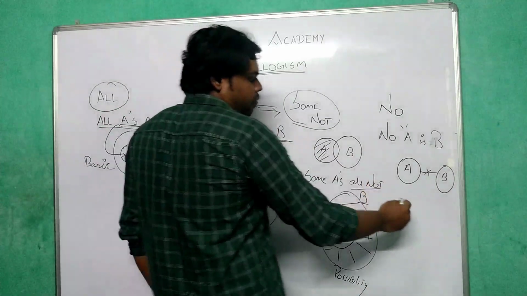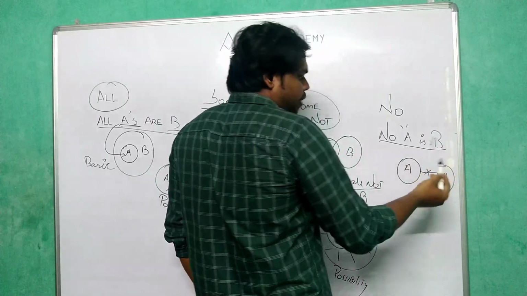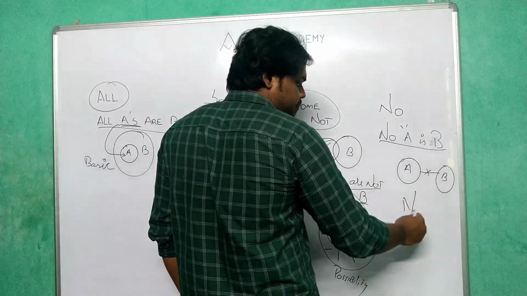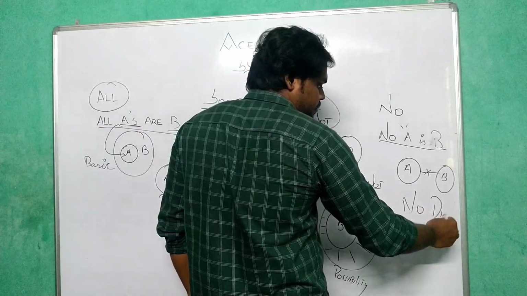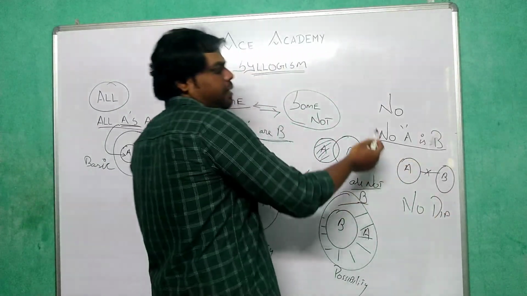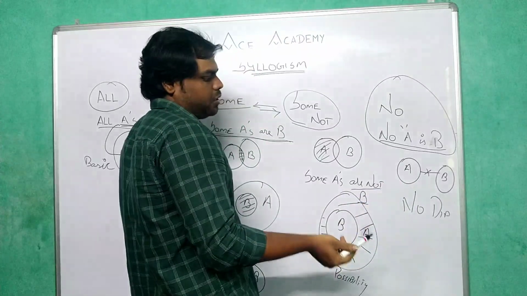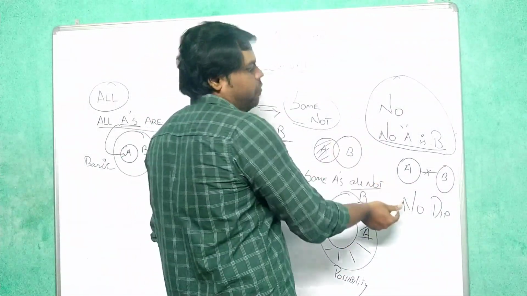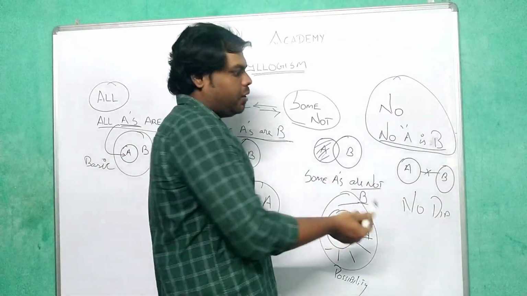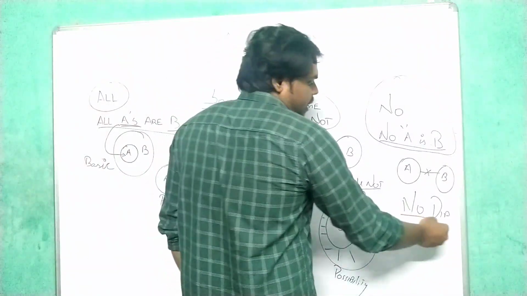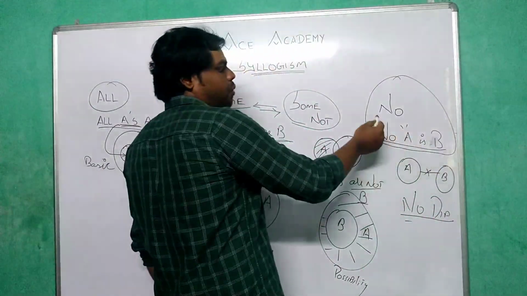So for no A's are B, we don't have any possibility diagram. It has already been proven, right? No A is B. So we don't have any possibility to prove that no A will be B. Can you understand that? We don't have any possibility diagram, which is already true, right?